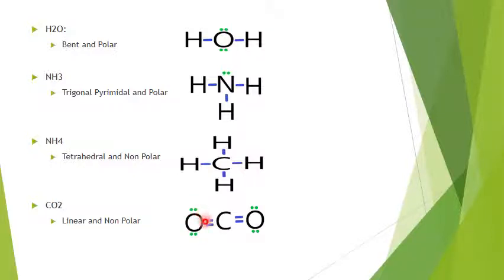Each oxygen gets 2 bonds, 2 lone pairs. First of all, you count the number of valence electrons, which would have been 4 plus 6 plus 6, which is 16. So the number of dots are going to be 2, 4, 6, 8, 10, 12, 14, 16. So this is the structure.